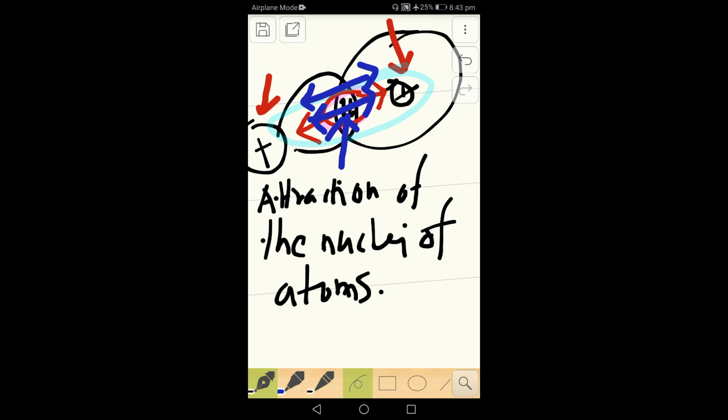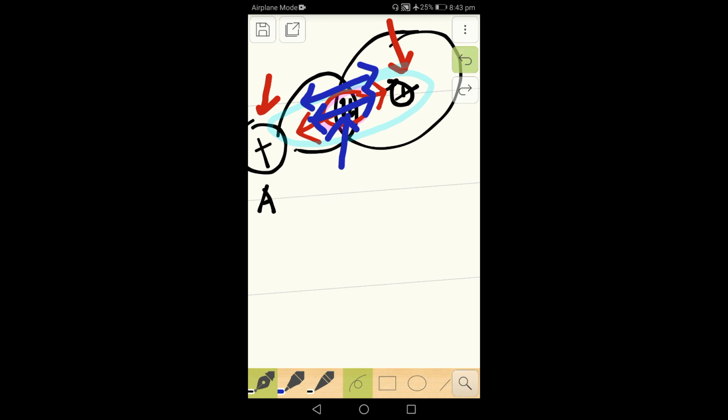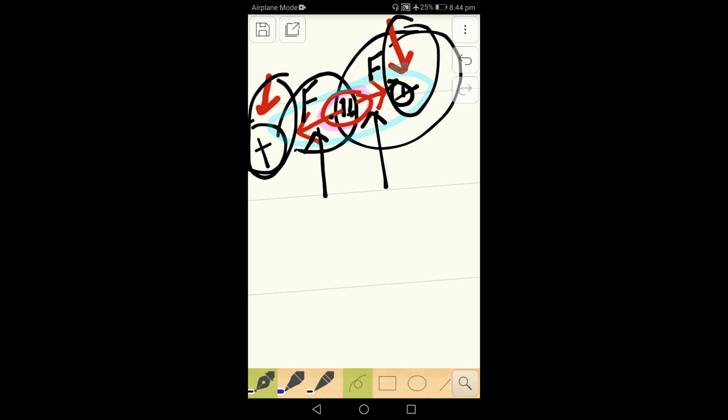Now the power of attraction of the nucleus on the bonding electrons, that means the force by which the nucleus attracts the bonding electrons, is what we call the electronegativity.